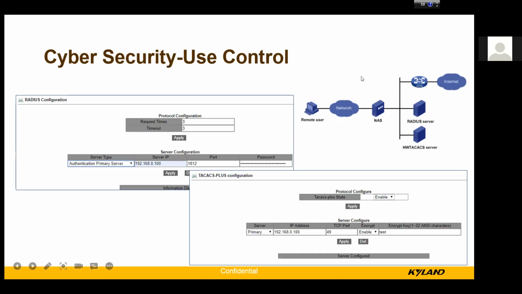But if I use remote control, then I will send the username and password to the NAS. Then the NAS will forward the request to the RADIUS and TACACS server. The RADIUS and TACACS server will centralize the control of user access of the whole network. It will verify the password for the NAS and control the access of the whole network.